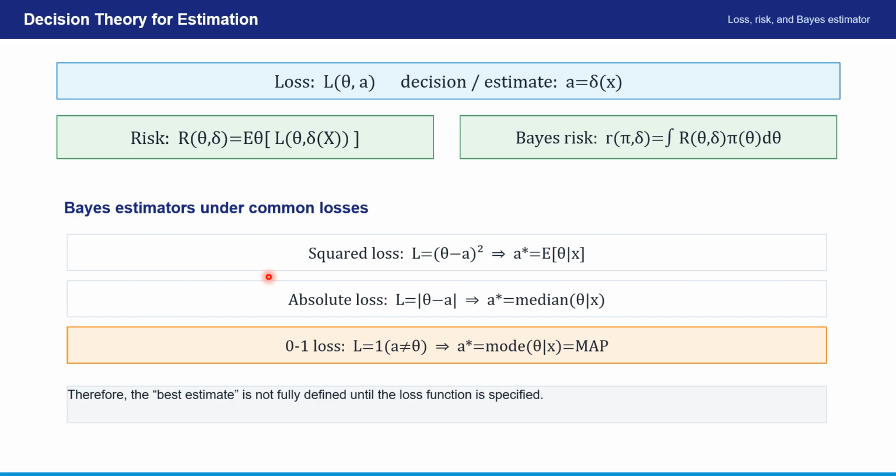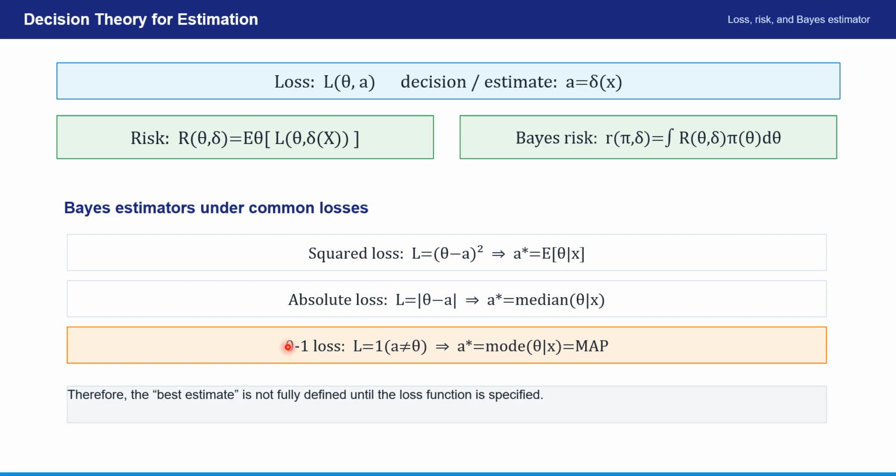The Bayes estimator is the posterior mean E of theta given X. Under absolute error loss, L equals the absolute value of theta minus A. The Bayes estimator is the posterior median. Under 0-1 loss, the Bayes estimator is the posterior mode, which is the MAP estimate.